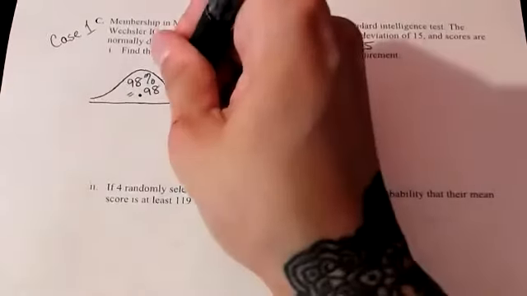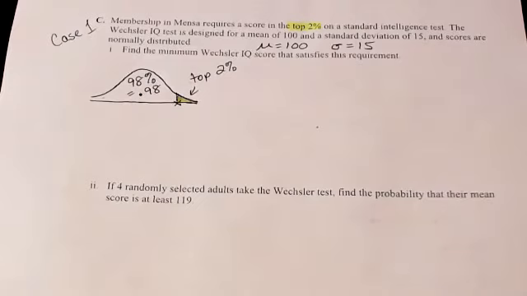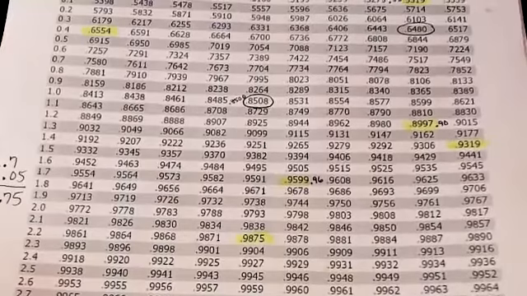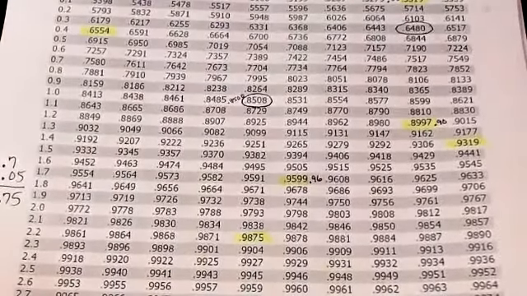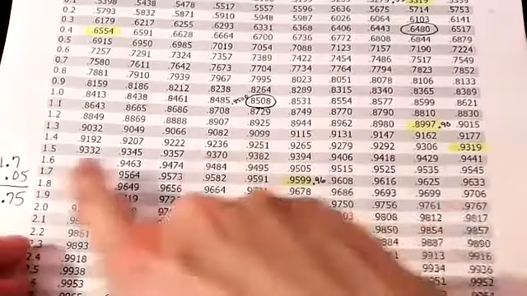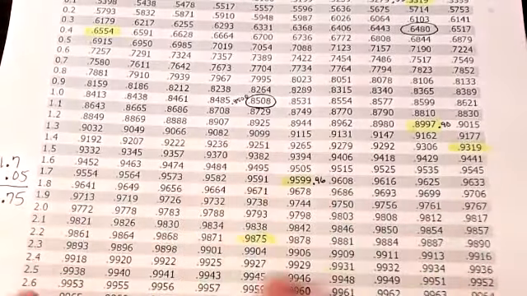So we're trying to figure out what is the Z-score that pertains to an area of 0.98. So we go to the positive side of our table, just like with previous problems. Our goal is to find 0.98.